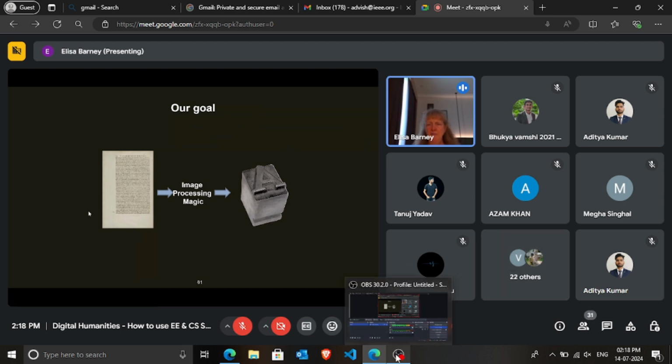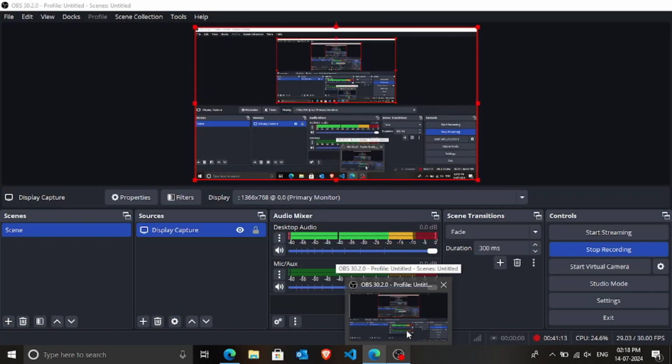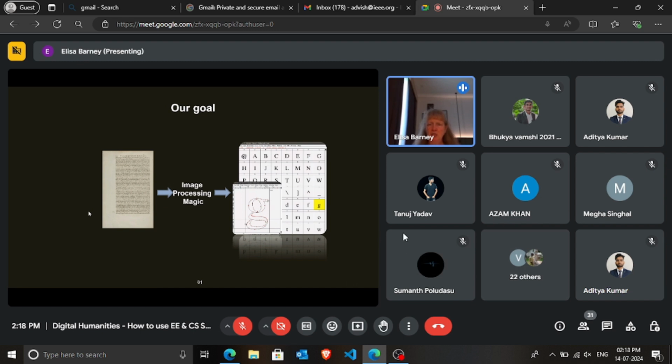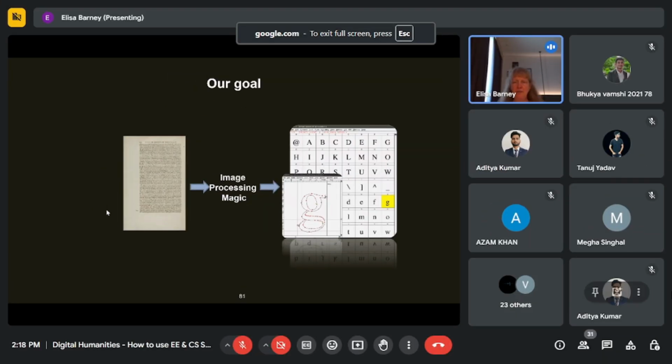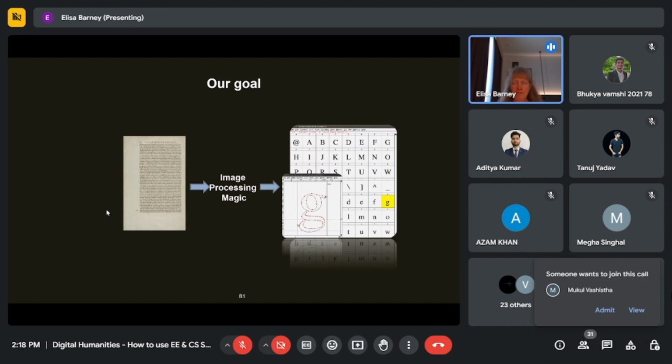We don't necessarily need the physical three-dimensional block. We really care much more about the digital block. And that's a little bit easier to create than the physical 3D one. And from there, we can extract information about it, and we can create synthetically new type styles that mimic the originally old type styles.